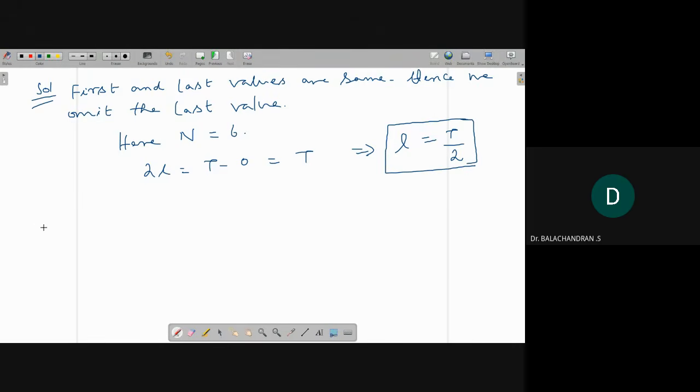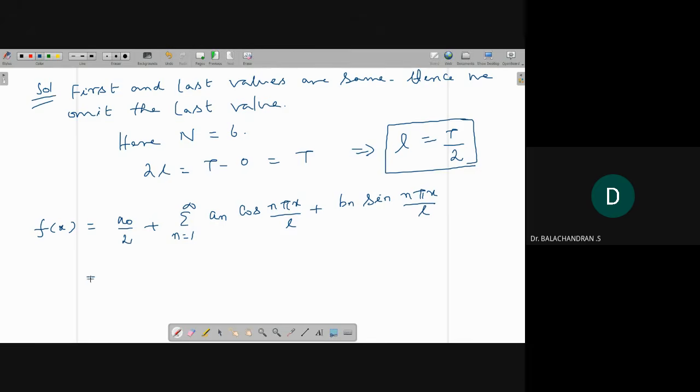So now f of x is equal to a naught by 2 plus summation n equal to 1 to infinity of an into cos n pi x by L plus Bn into sin n pi x by L.